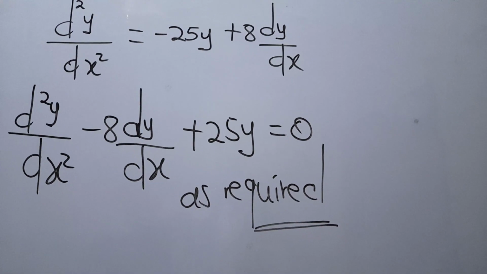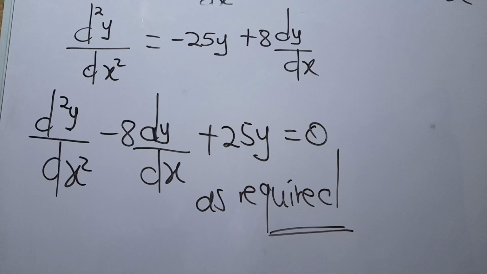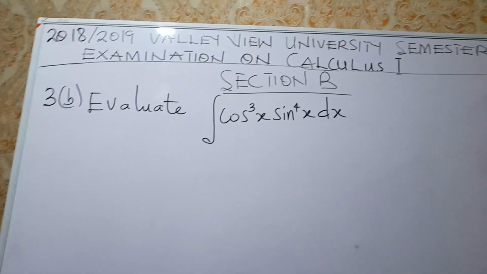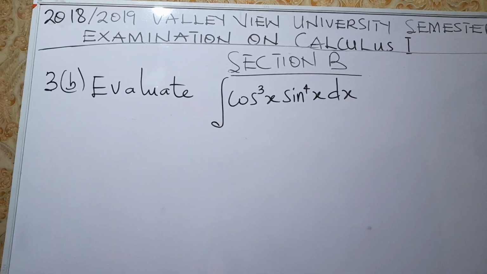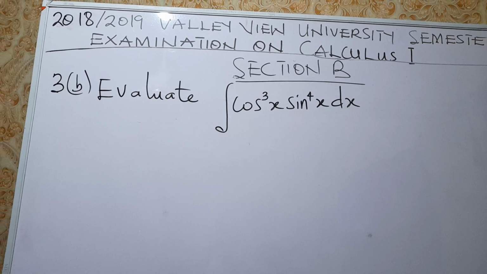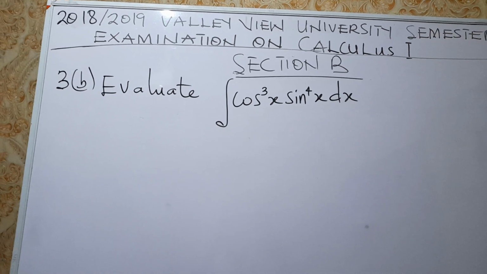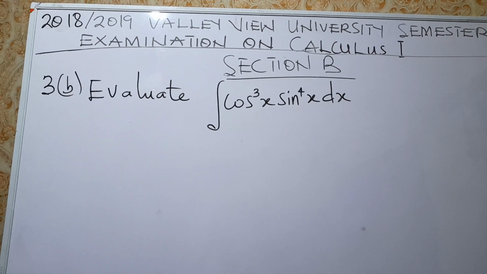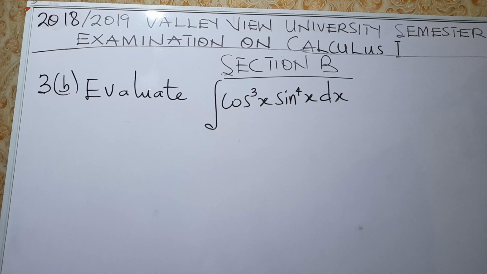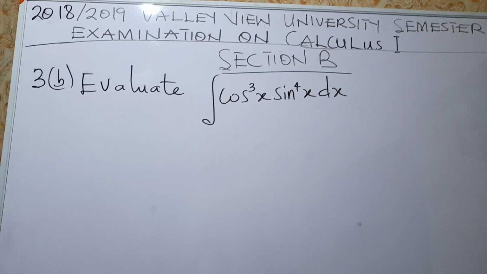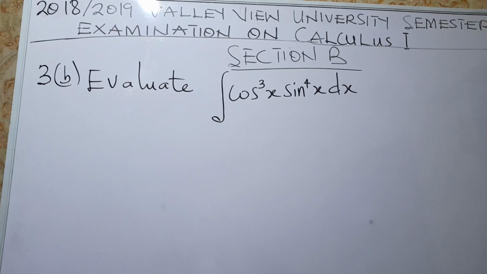We'll go to the B aspect of question 3. The B aspect of question 3 states we should evaluate the integral of cos³x sin⁴x dx. And this is worth 7 marks. The A aspect was worth 13 good marks. That's how long it was.